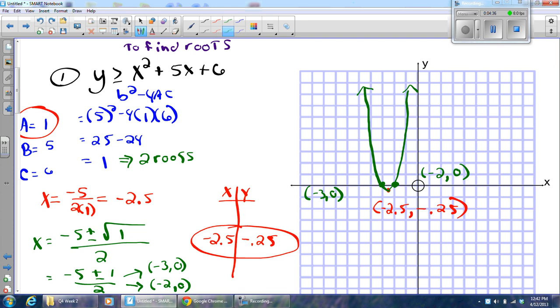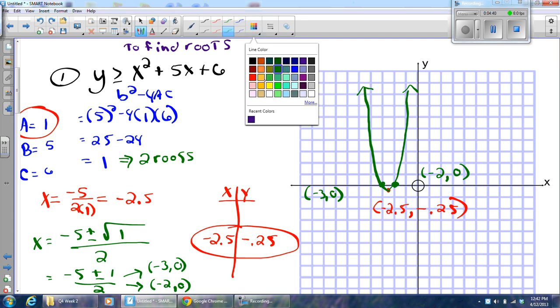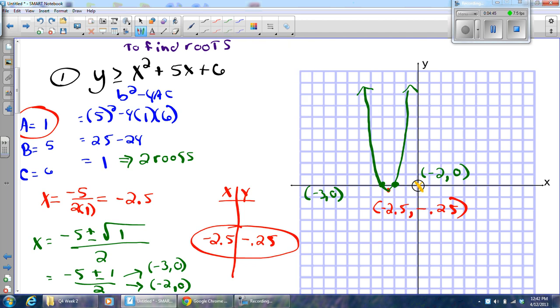Now, because it's an inequality, I have to use a test point for shading. And so I'm going to plug in the origin into the original equation. So I'm going to plug 0 in for y, greater than or equal to 0 squared plus 5 times 0 plus 6.